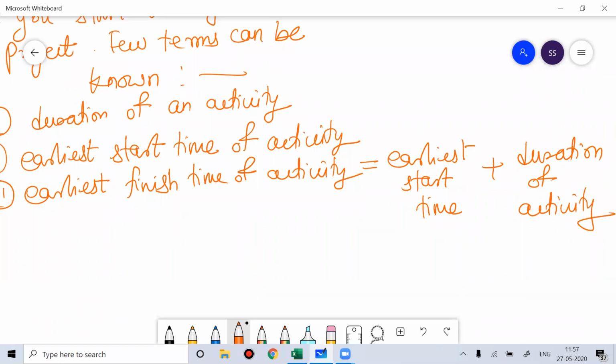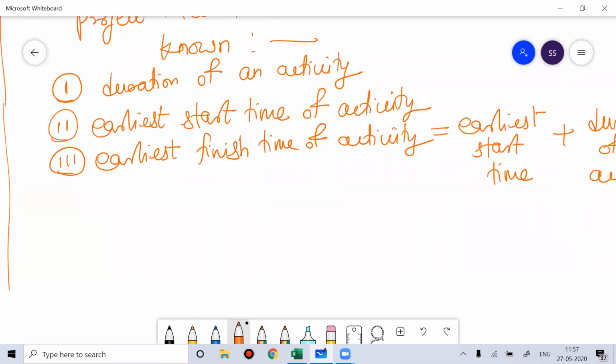So if you add the duration to how soon you can start, you will get the earliest finish time.